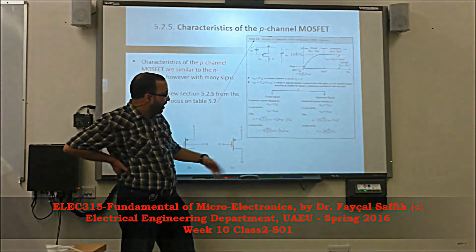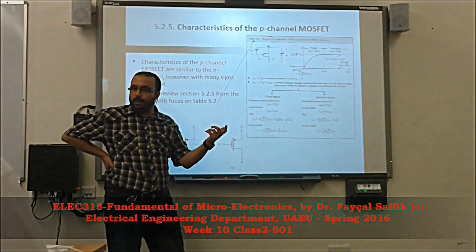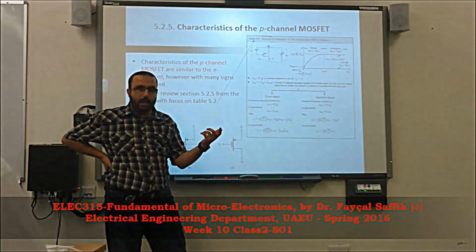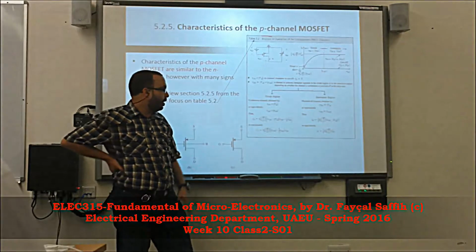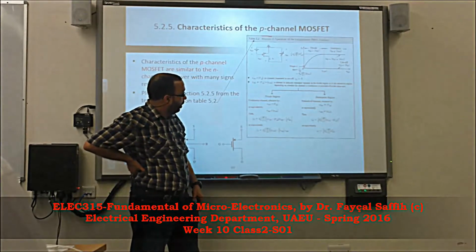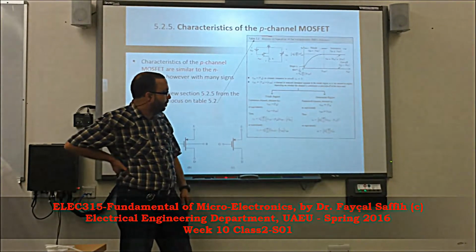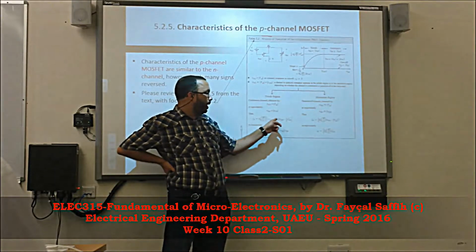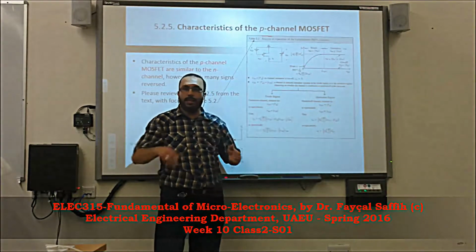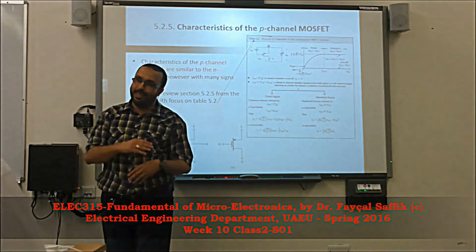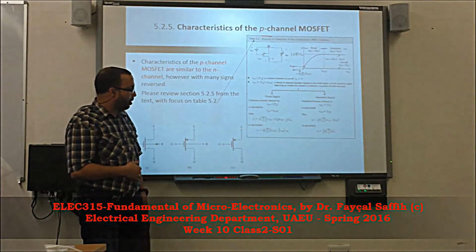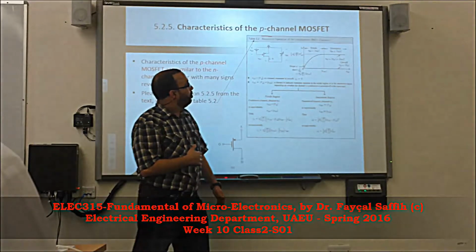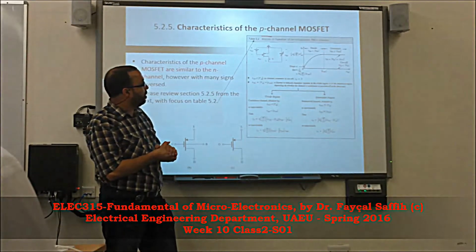It's basically right away. Now instead of saying VDS, in PMOS we use VSD. That's it. VGS becomes VSG. And VTP should be taken in absolute value so that minus minus does not become plus and blow the equation away. That's it. So pretty much the same to some extent, of course.